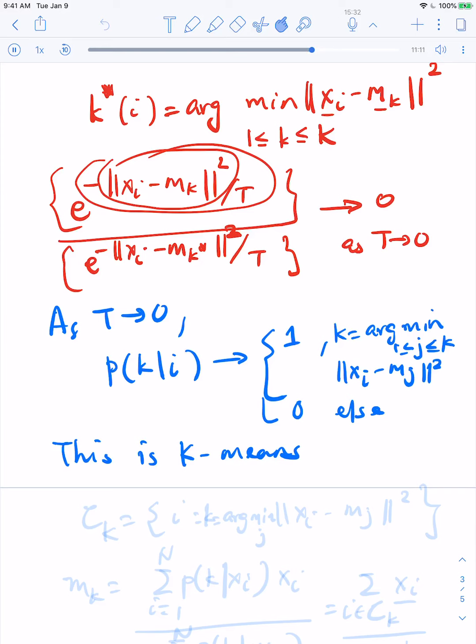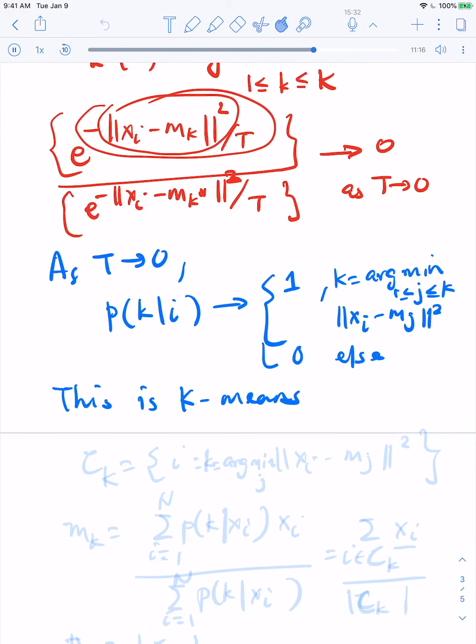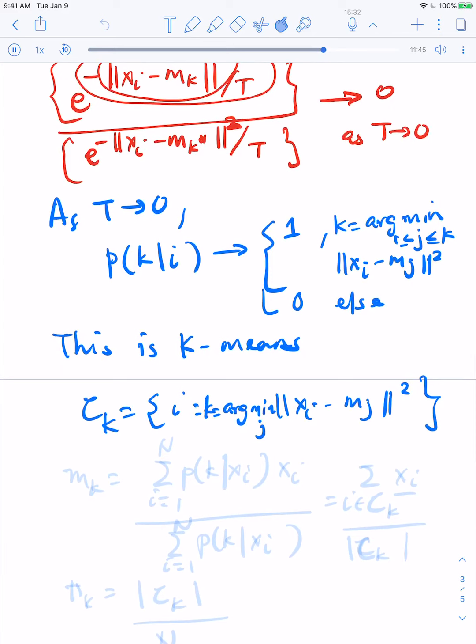What will happen in the update step? Remember that the pk given xi's are now just 0 or 1, and so if ck is, just like before, the set of all training points that are assigned to k, where k is the arg min over j of x minus mj squared, exactly like in k-means.